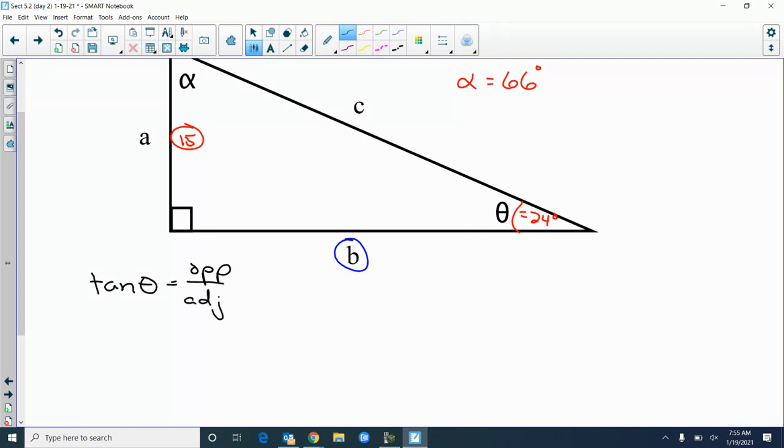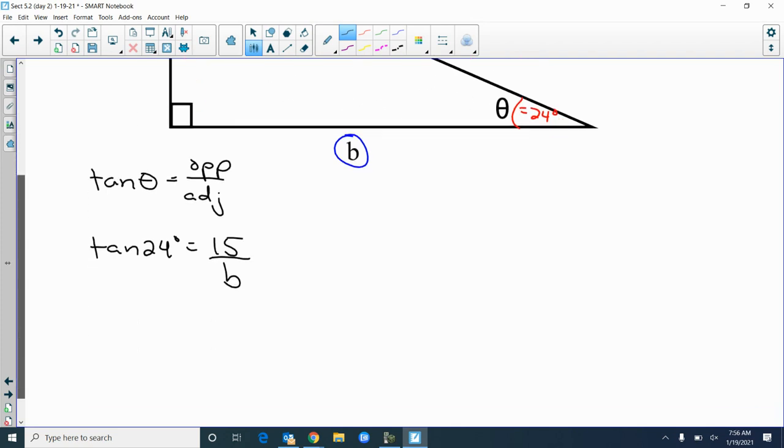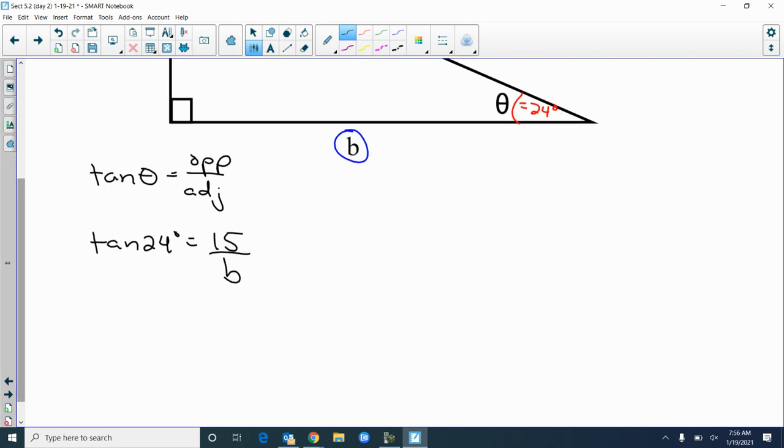Well, we know that, and you need to know 2 of the 3 parts. So we know the angle is tangent of 24 degrees. Opposite is 15. Adjacent is B. So this is what we're looking for. So usually what I do is I make that a proportion. What you're doing is you cross multiply. B times the tangent of 24 is equal to 15.